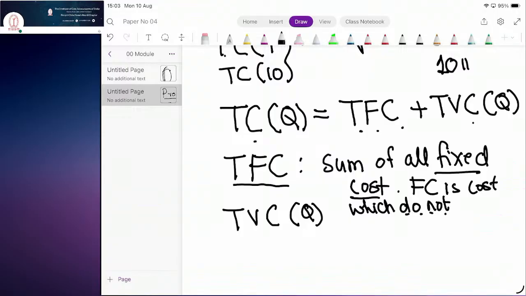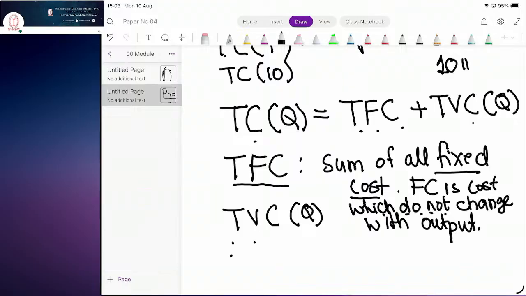Fixed cost is cost which do not change with output. Is that correct?